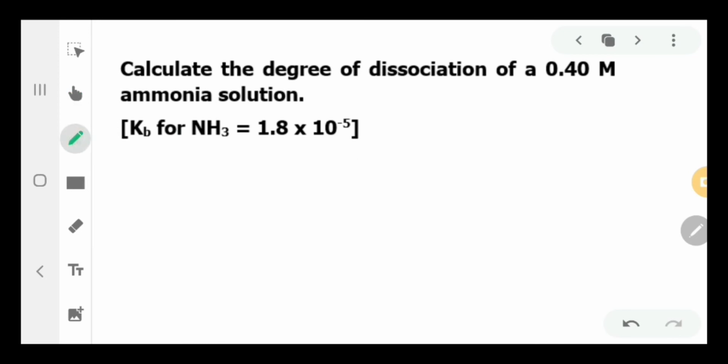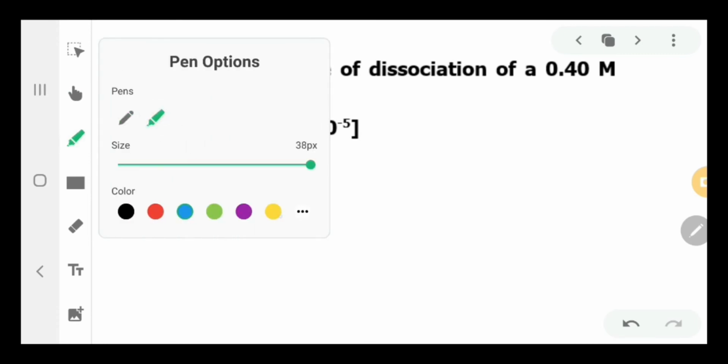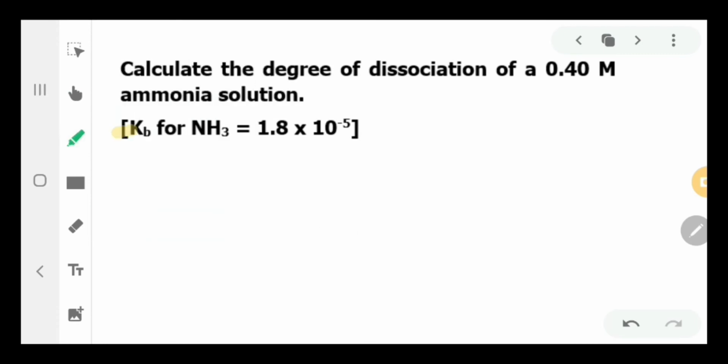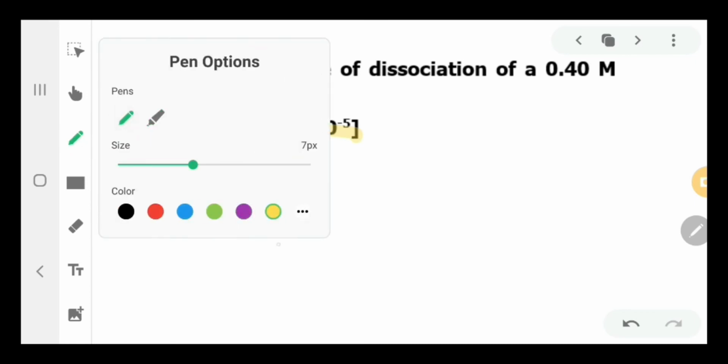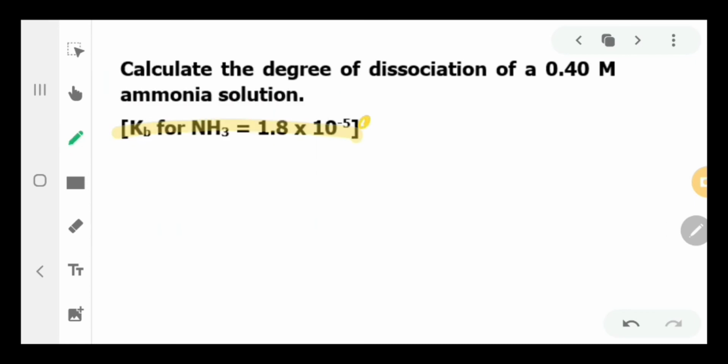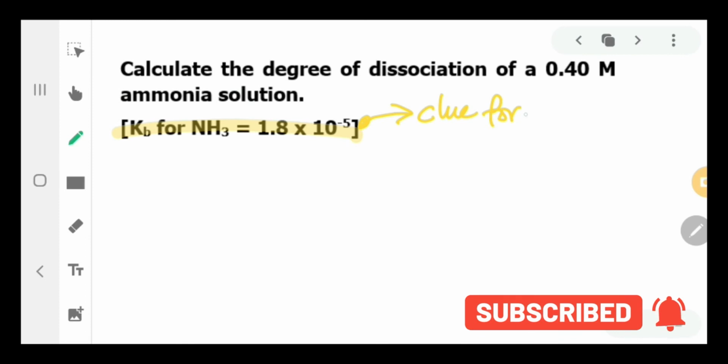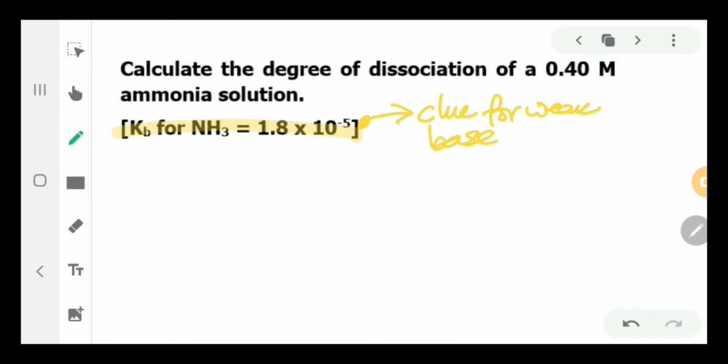This is the clue for a weak base, because the Kb value is given.